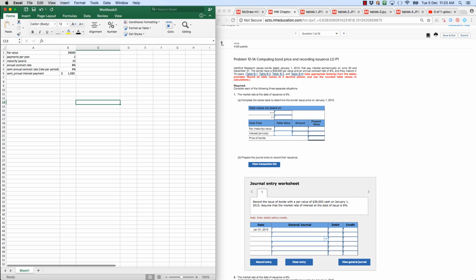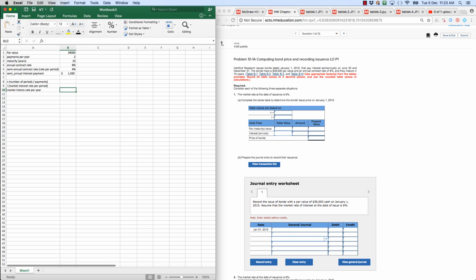Okay, so let's move to this next bit where we need to calculate N, number of periods, or number of payments. And we also need to calculate I, which is the market interest rate per period. And in order to calculate I, we need to know what the market interest rate is per year.